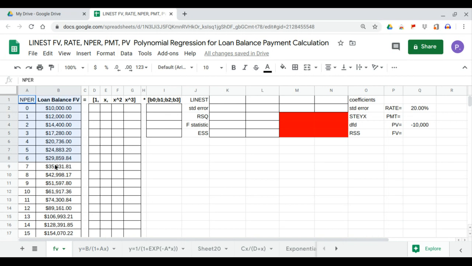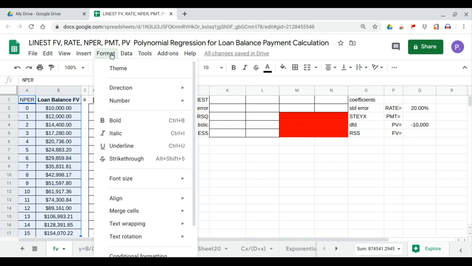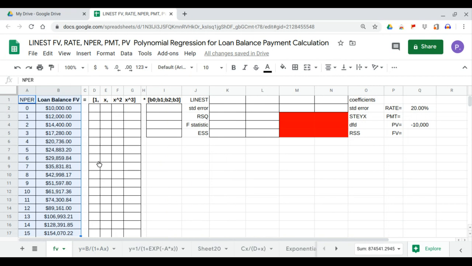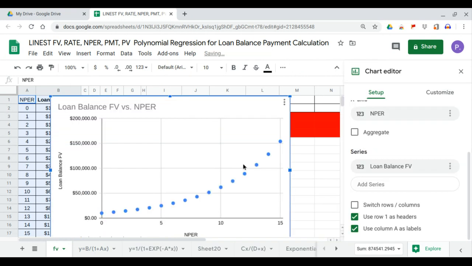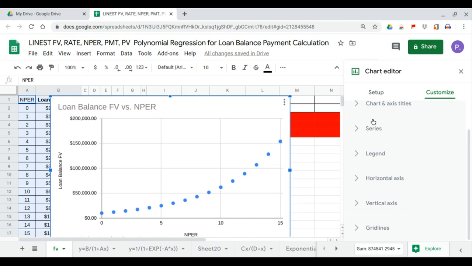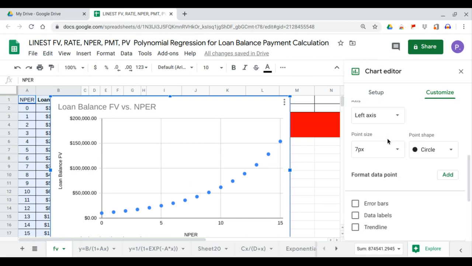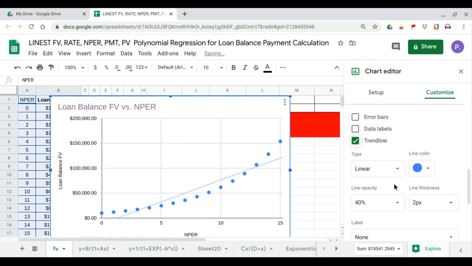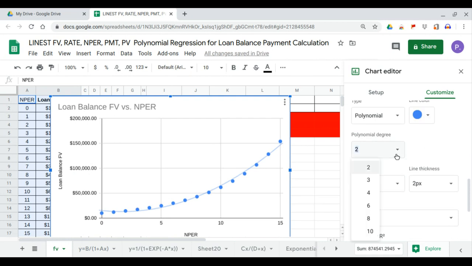We will show the data set, the trend line of this. So we use a scatter chart. And this time we will use the trend line as polynomial. And we want the maximum, the highest degree, so that we'll have the best fit.